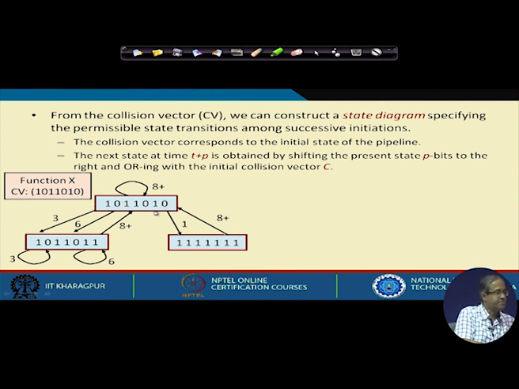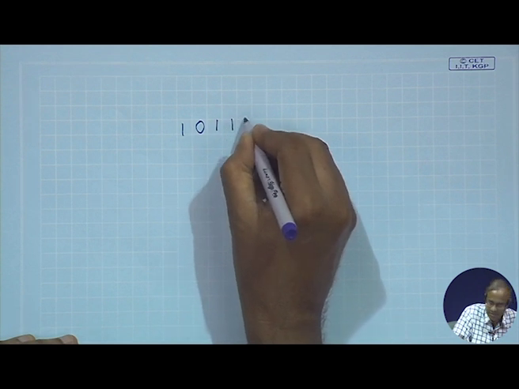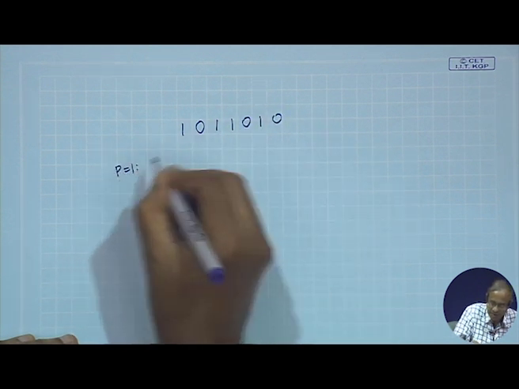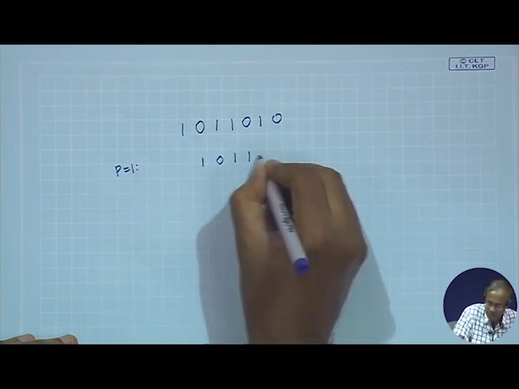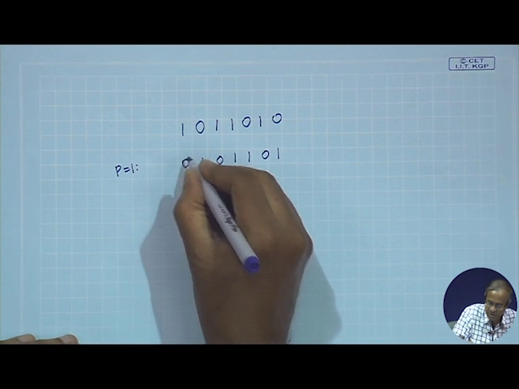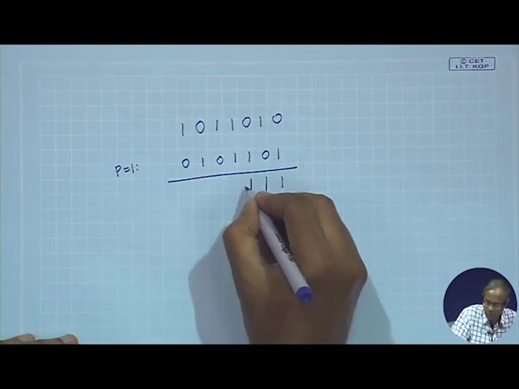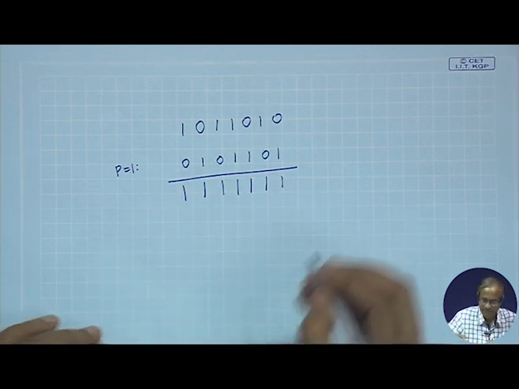If I advance it by 1, you see my collision vector was 1 0 1 1 0 1 0, 1 0 1 1 0 1 0. Now, if I advance it by time 1, I will be doing a right shift: 1 0 1 1 0 1 and a 0 will come in, then you do a bit by bit OR, 1 1 1 1, all will be 1, right.